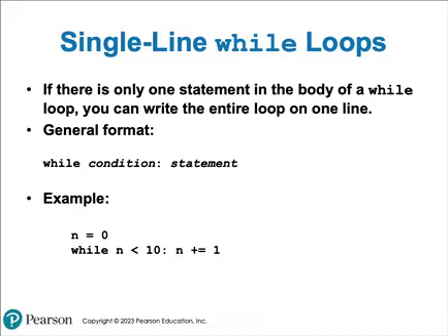The issue is when you go back, if you need to add more statements, like if you take this line of code and say, oh, I really wanted to print n out so that I know it's doing something, or so that I can verify how many times it executes, then you have to put your print statement down there, then you have to move your n plus 1 down and make sure they're indented equally and that type of thing.